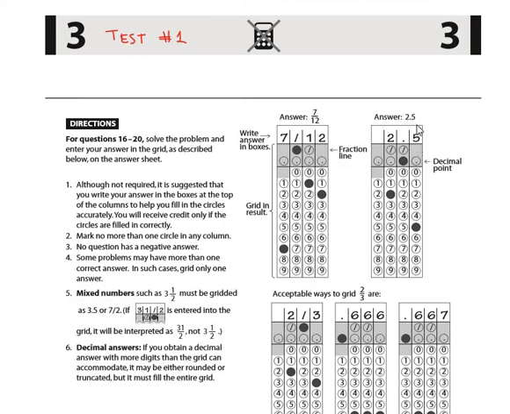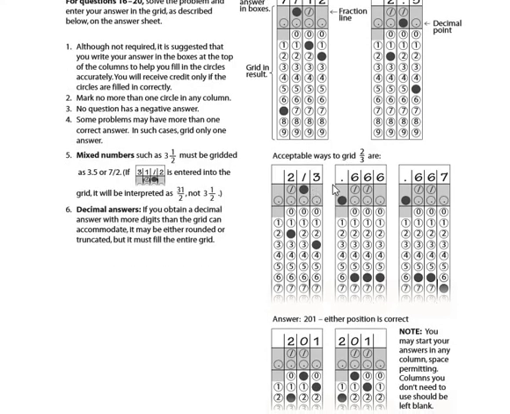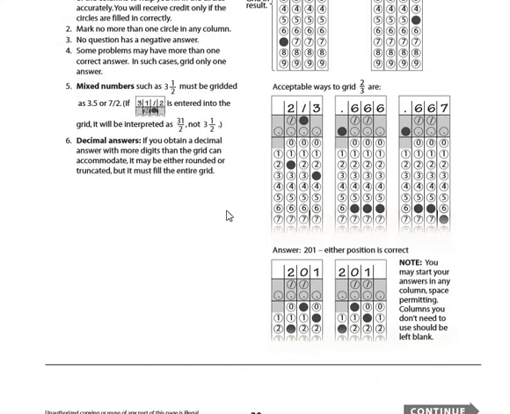Or you can write a decimal point, like 2.5. Those are the acceptable ways. You can write either a fraction or a decimal. And if it is 0.666, you can round it up to 0.667. Either position is correct, either left hand side or right hand side.